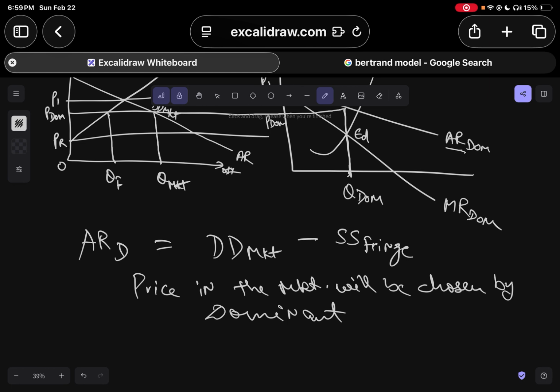OQD in here, which is this, OQD is equal to OQ market minus quantity supplied by fringe firms. So this area, quantity market minus quantity supplied by fringe firms, is OQD.